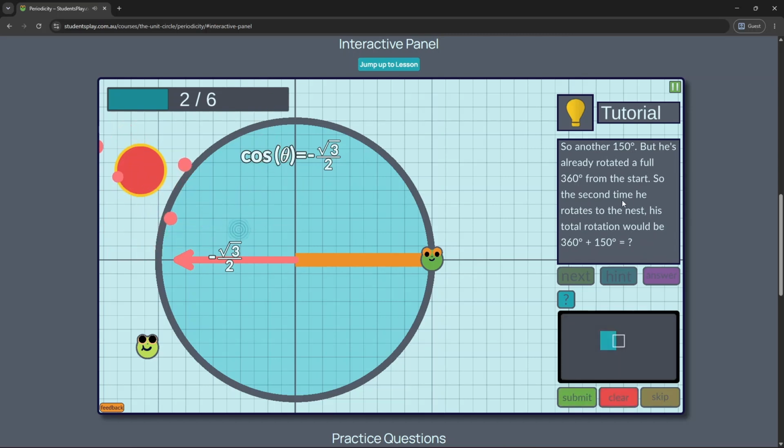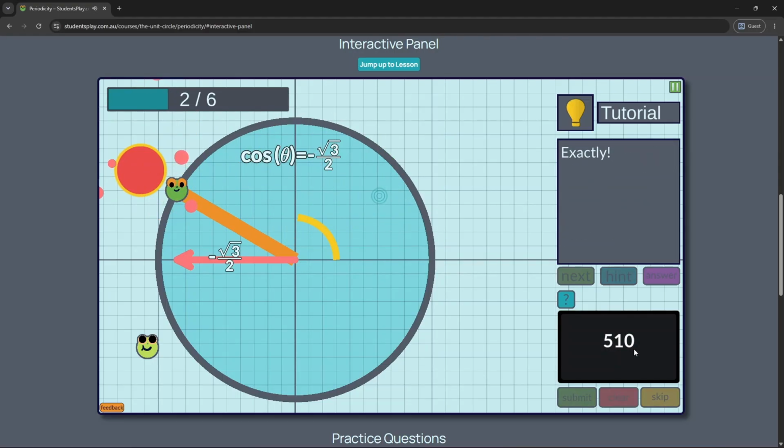So the second time he rotates to the nest, his total rotation would be 360 degrees plus 150 degrees, which equals, okay, well that'll be, it's like 36 plus 15, 41, 51, so 510. Okay, exactly. Interesting.